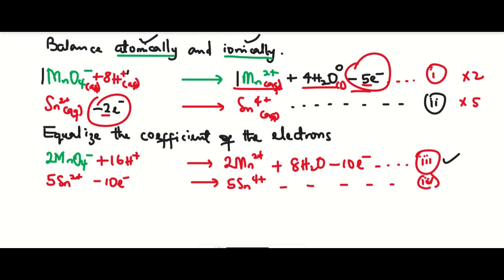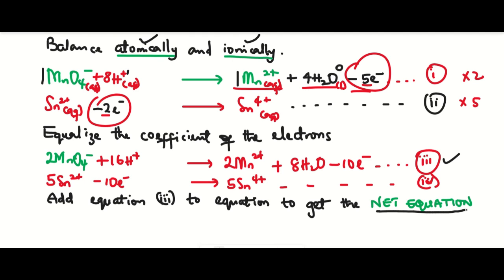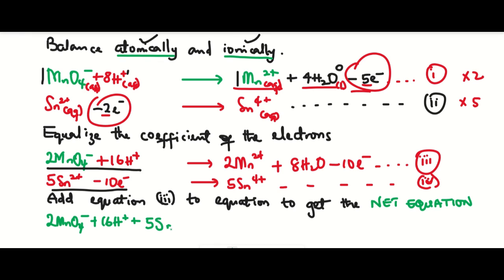The next step is to add equation 3 to equation 4 to get the next equation. This is the major thing. Getting the next equation is the same thing as getting the total equation. So for the reactant side of equation 3 and equation 4, we have to add up the reactant side of equation 3 to that of equation 4. Hence we have 2 moles of MnO4 minus plus 16 H plus, the next 5 moles of Sn2 plus minus 10 electrons.